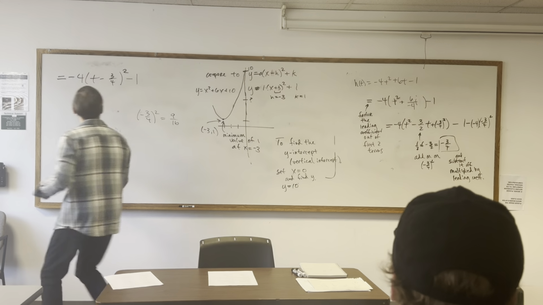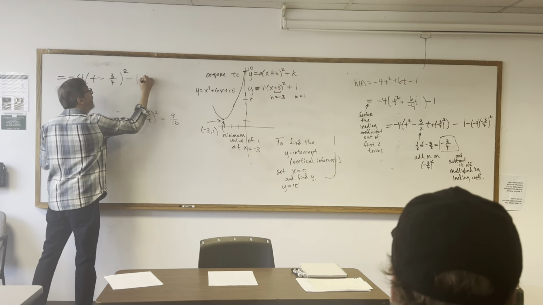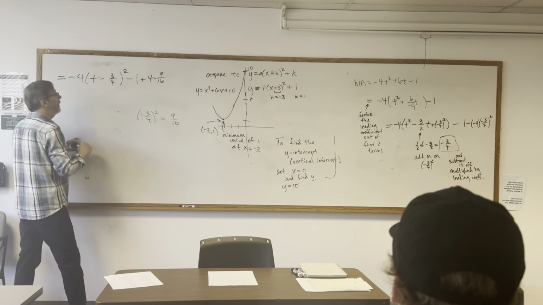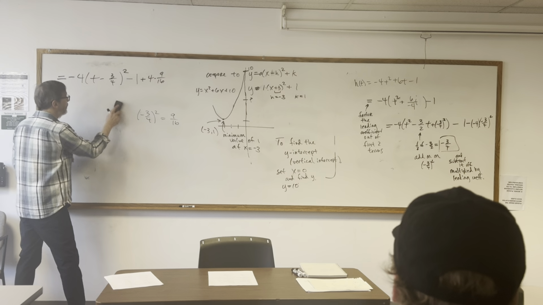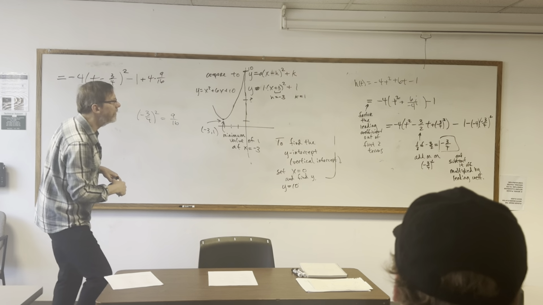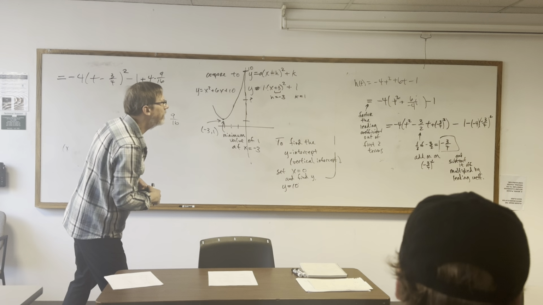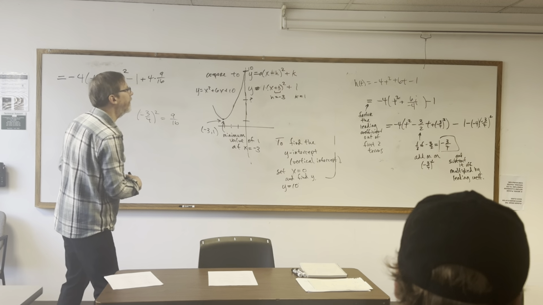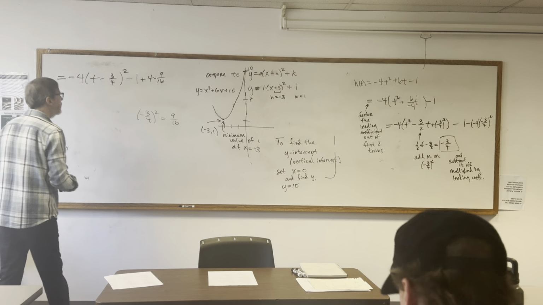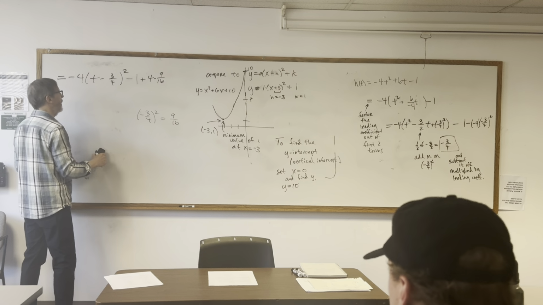Yeah, cool, exactly. So this is going to be +4 times 9/16. Minus 9/16? Or, no, it is plus. No, it is plus, yeah. Sorry. It's all good. I got myself scared when you said that. I think we're all good.